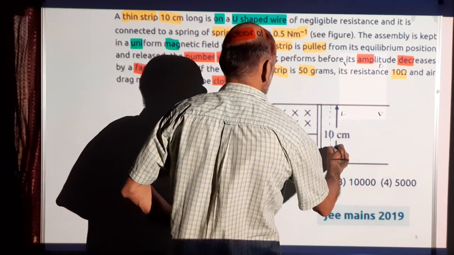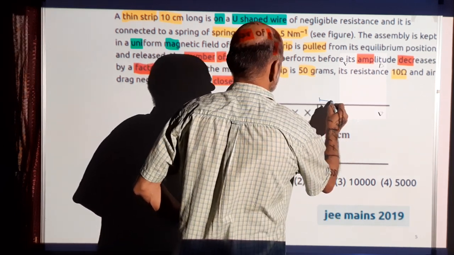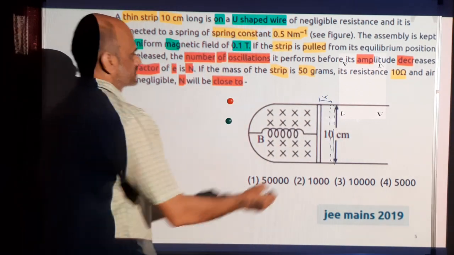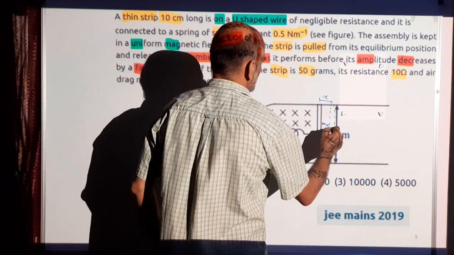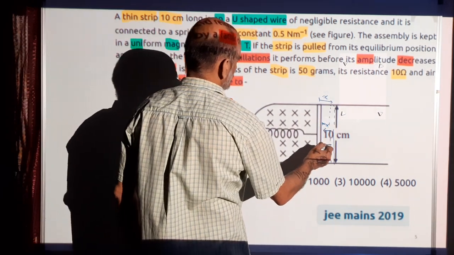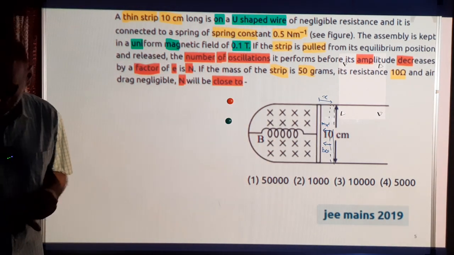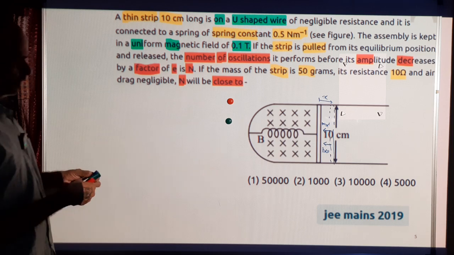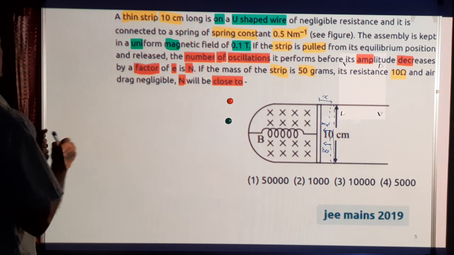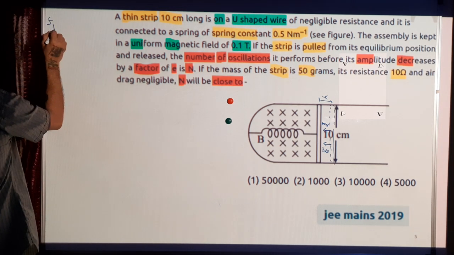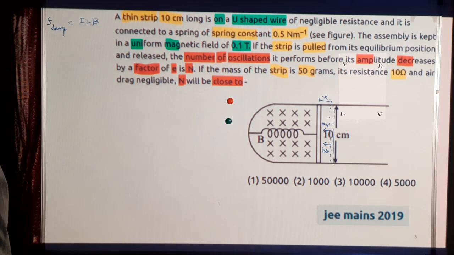So when the strip is displaced here, say by an amount x, then the spring will try to pull it back with the force kx, and since it's moving towards the right, there will be a damping force in this direction, from the magnetic force on a current carrying conductor, which is I L B, which you have already seen.